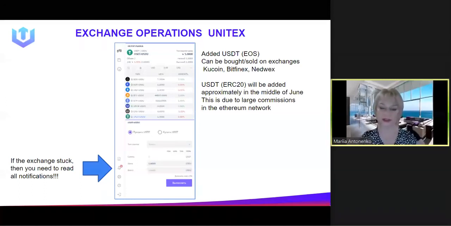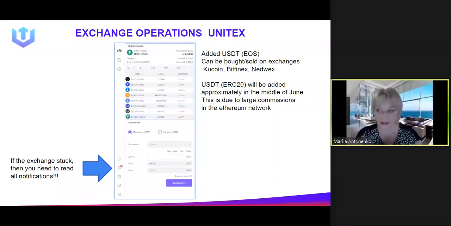So a special limitation was introduced in order to raise the bar so that we have fewer withdrawals, because if we allow a person to withdraw $50, then for every $50 withdrawn on Ethereum or ERC20, a $30 commission will be paid, and it's not profitable either for the exchange or the client.